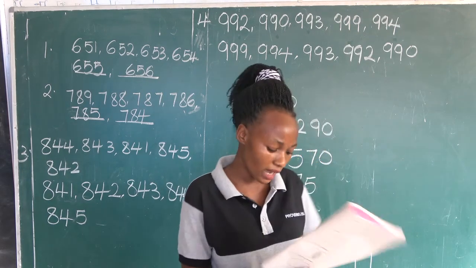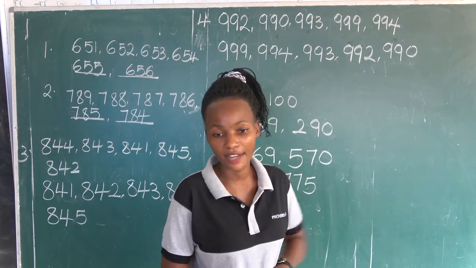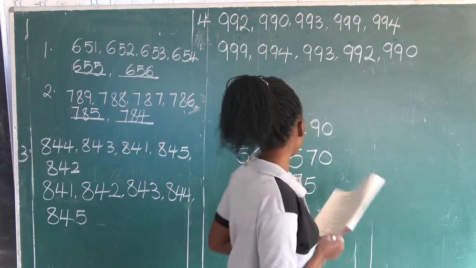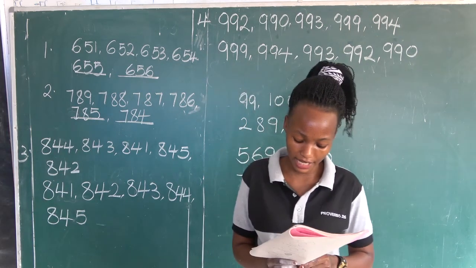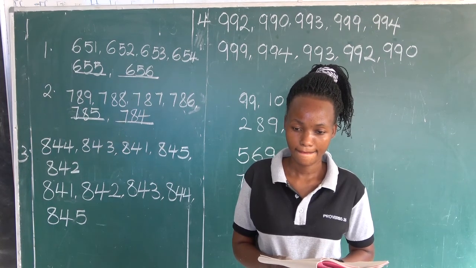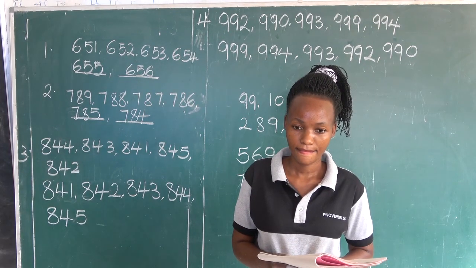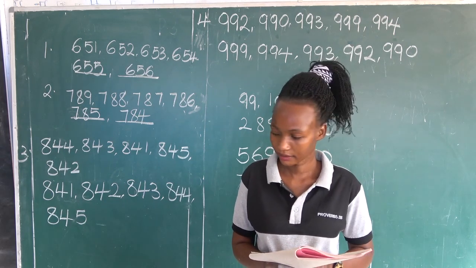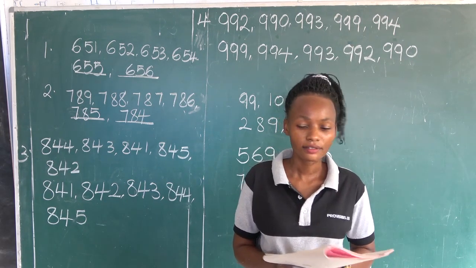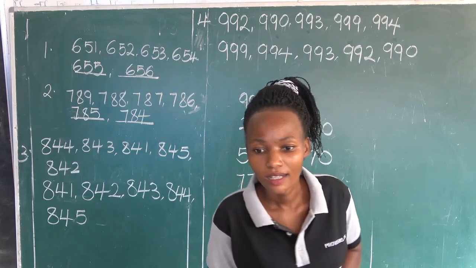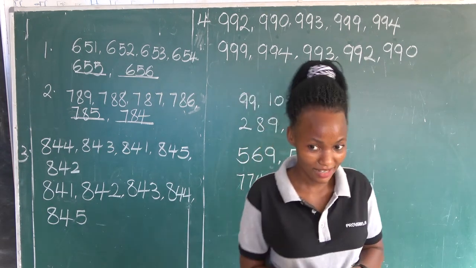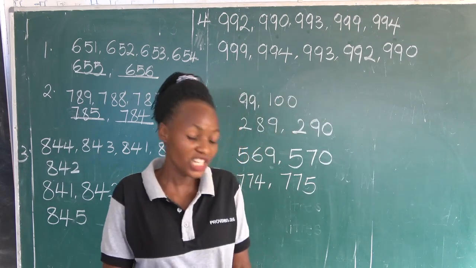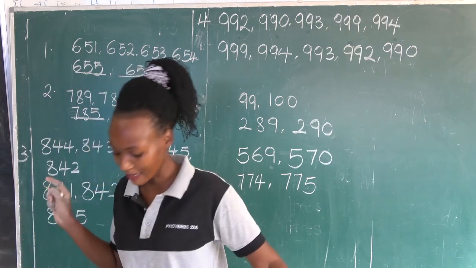And then the last one, which number comes before 800? Yes, Austin. 789.